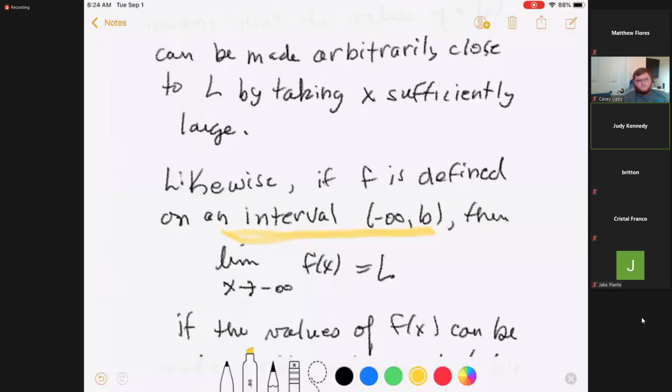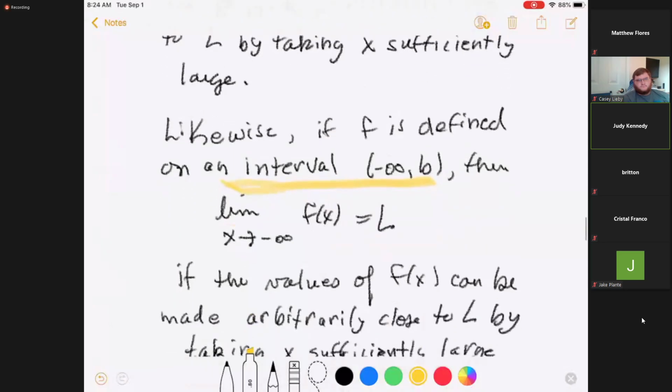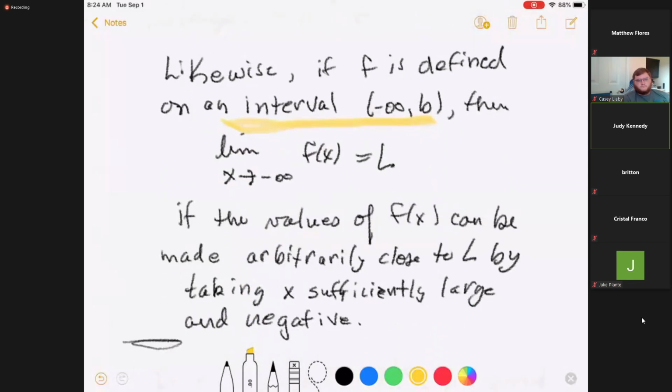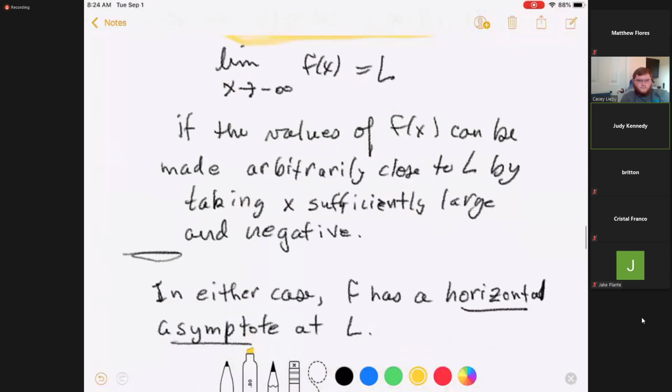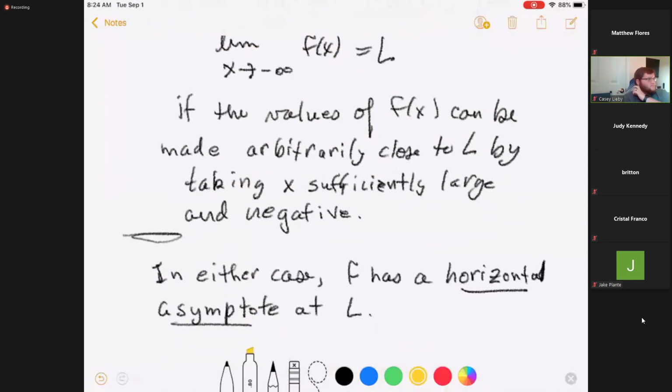So the limit as x approaches minus infinity of f of x is L if the values of f of x can be made arbitrarily close to L by taking x sufficiently large and negative. And in either case here, you say that f has a horizontal asymptote at L.